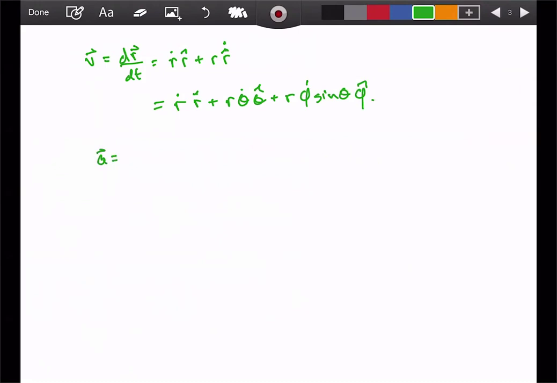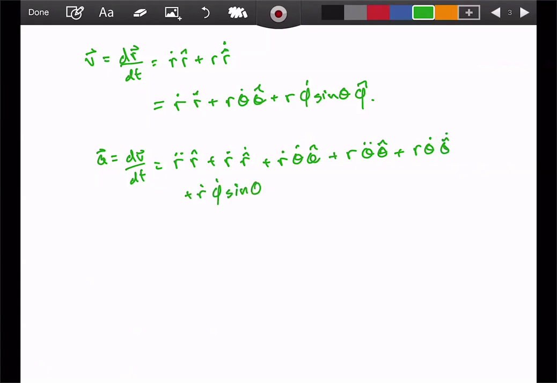Now my acceleration would be equal to the first derivative of the velocity, which is equal to r double dot r hat from the first term, plus r dot r hat dot from the first term as well, plus r dot theta hat, plus r theta double dot theta hat, plus r theta dot theta hat dot, plus r dot phi dot sine of theta in the phi hat direction, plus r phi double dot sine of theta in the phi hat direction, plus r phi dot cosine of theta theta dot in the phi hat direction.